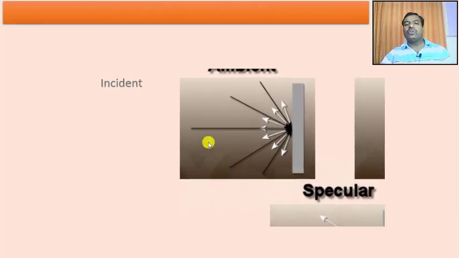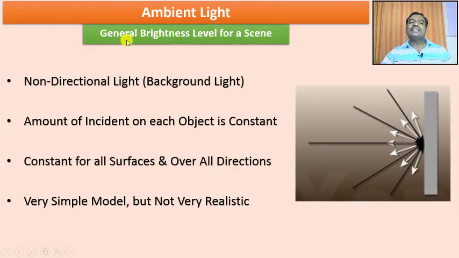When I say ambient, this is the general brightness level for a scene. So it's going to be a uniform brightness level all around the scene if I use the ambient light. Hence, in the ambient light, I don't know from where the light ray is going to come.